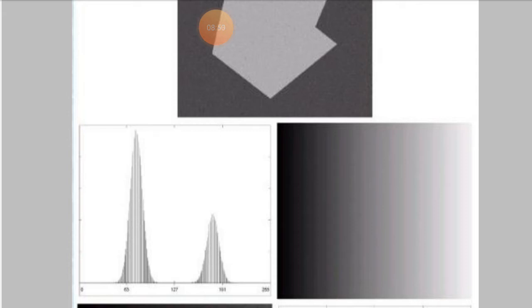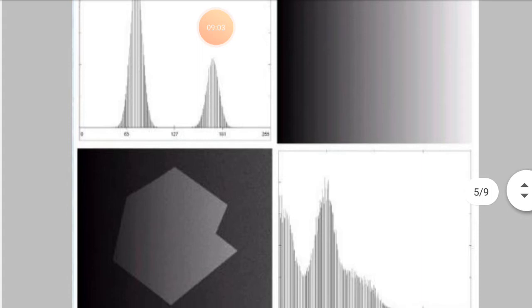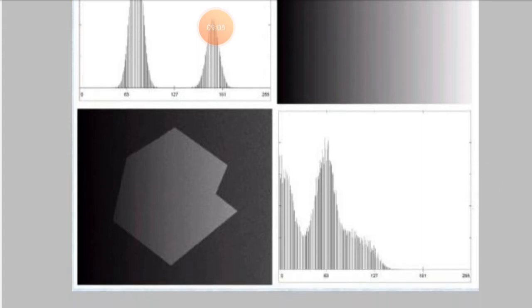Actually, we will see in this diagram. If this illumination component is drawn here at the right hand side, and we multiply that illumination component with the image, we get this kind of image shown at the lower side.